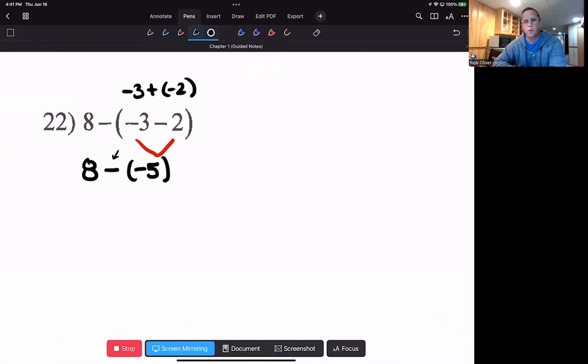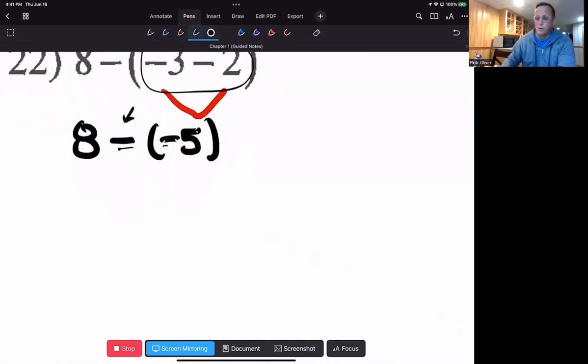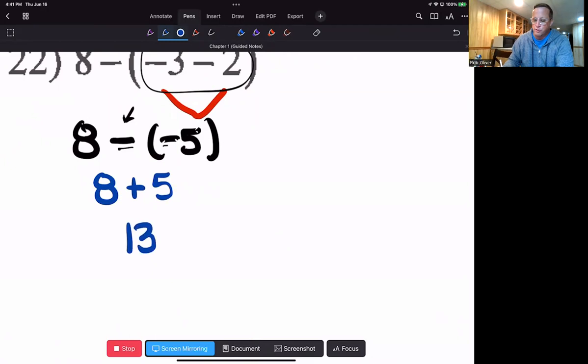But what we got in the grouping part, in this part right here, was a negative. So it's important in this part to pay attention to the fact that there's 2 negatives right next to each other. The opposite of a negative is a positive. The opposite of an opposite is positive. That's what it is. So you got 8 plus 5, which makes 13.